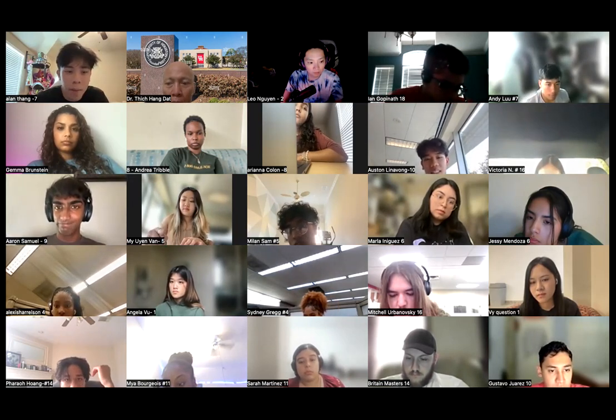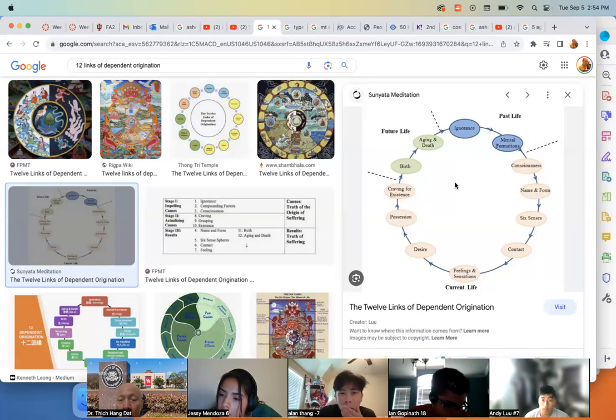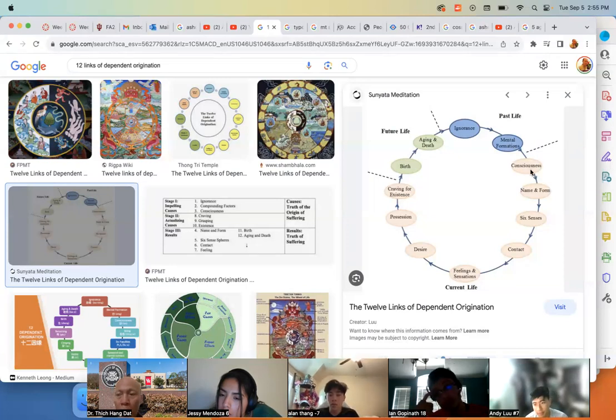Okay. All right. This is one of the most important concepts of Buddhism: according to this chart, we are the ones that create our own life. We are the ones that create our own karma. That's why we revolve in this cycle of rebirth. According to other traditions, most of the time they say there's some God that creates our life. But in the Buddhist view, we create our own karma. Because of ignorance in the past, we raise mental formation, which means karma, and we have consciousness, and from consciousness that enters the womb, we have name and form, the body and the mind, and the sixth sense, like the eyes, the ears, the tongue, and so forth.